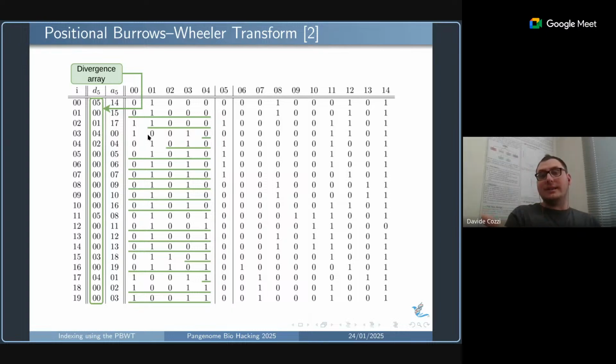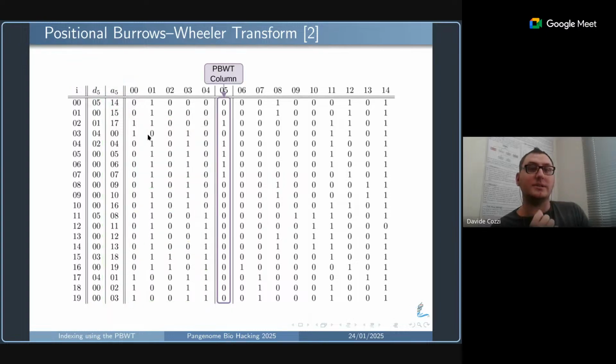And as you can see, thanks to this kind of reordering, similar rows are consecutive, so they share a long common suffix. This property is also useful because if we take column 5 permuted thanks to this reordering, obviously this is an example, but just imagine real data such as the ones from the 1000 Genomes Project, where we have very few ones.